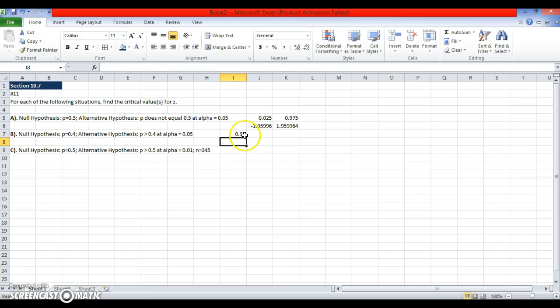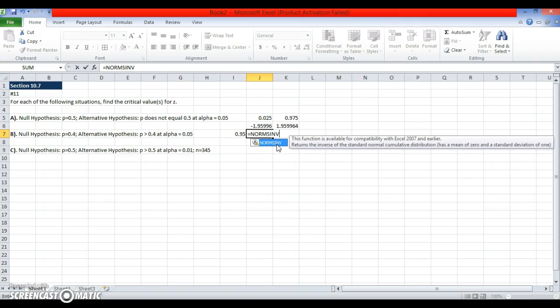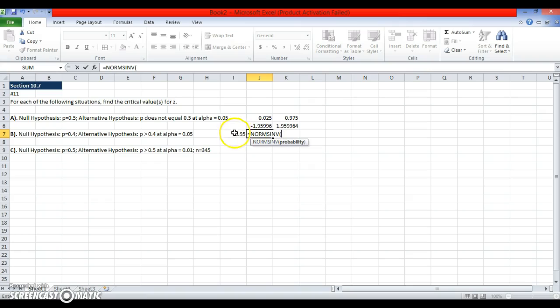That is the probability we'll be using. So what is our critical z? It is the NORM.S.INV of that probability, which is 1.64. That's the critical z for this one.